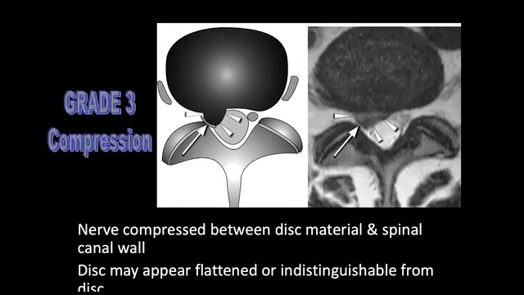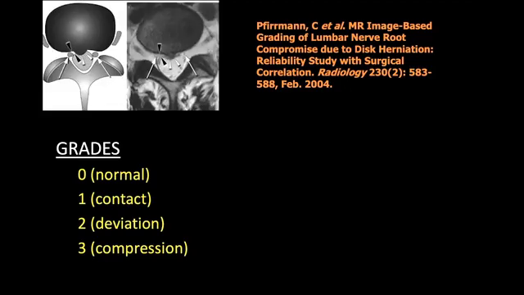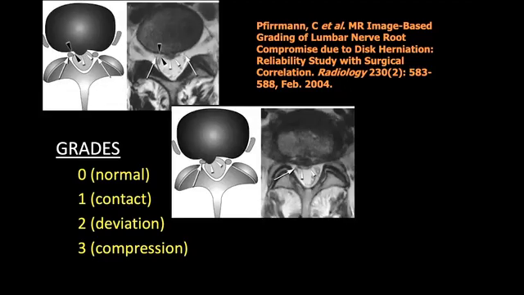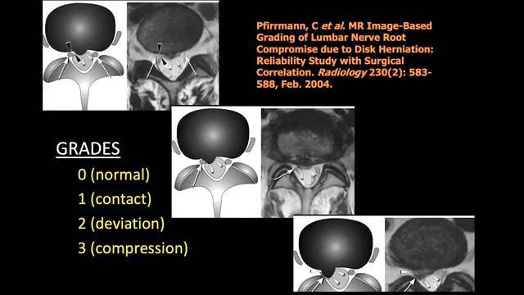And then, as I showed you previously, you could push the nerve up against something, let's say the facet joint in the subarticular zone, as shown here. And so nerve compression between this material and the posterior elements now causes a morphologic alteration. And so this provides a nice grading scheme from normal to contact to deviation or impingement, and then compression.